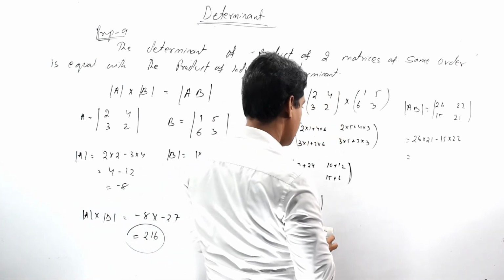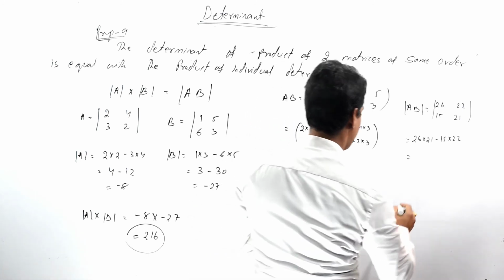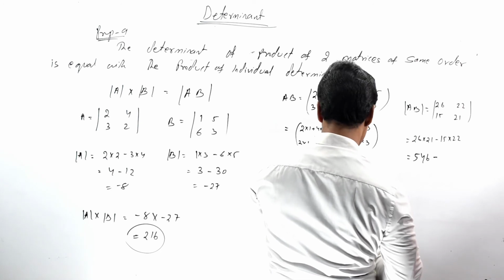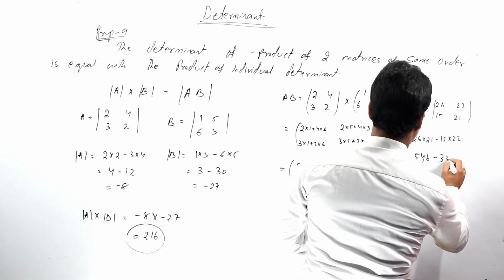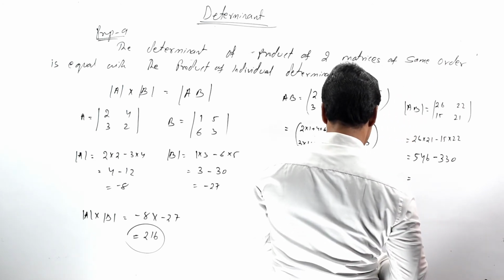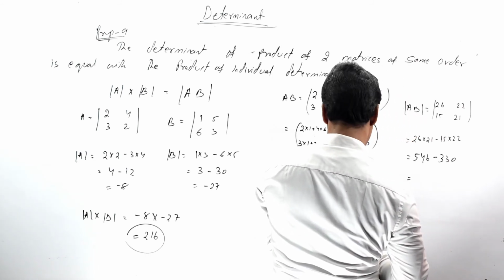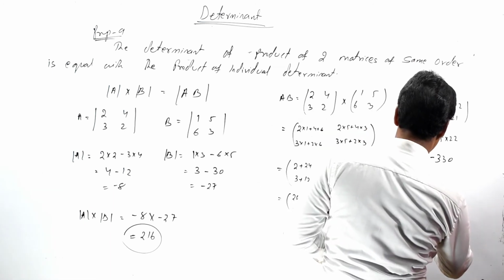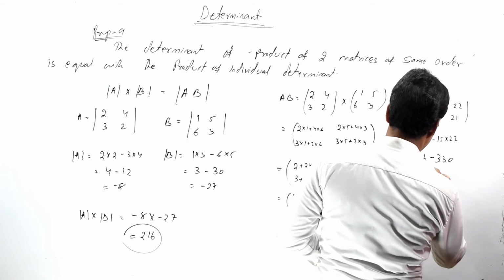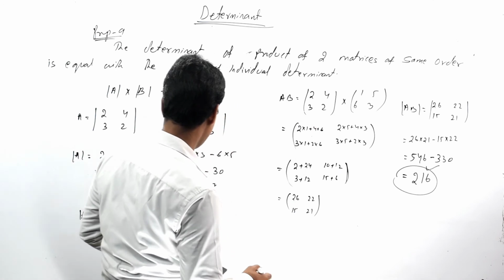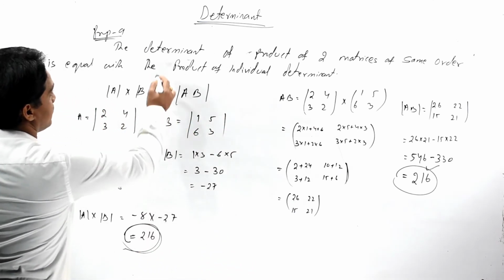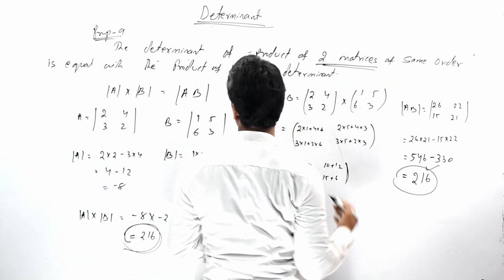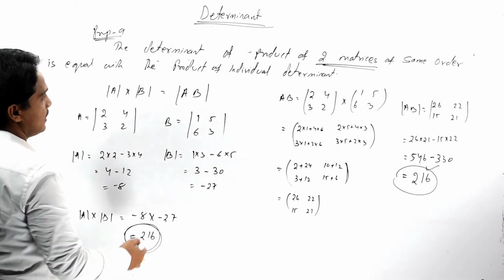So 26 into 21 equals 546, minus 15 into 22, that is 330. So 546 minus 330 equals 216.